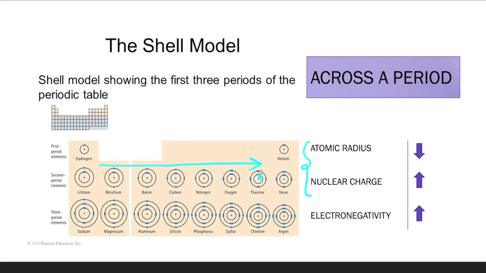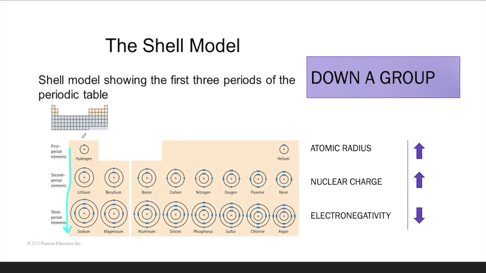So the effective nuclear charge increases across the period. As this increases, the electrons are attracted more strongly. Because the electrons are attracted more strongly by the nucleus, this particular atom will have a higher tendency to attract electrons towards itself, meaning it has an increased electronegative value.